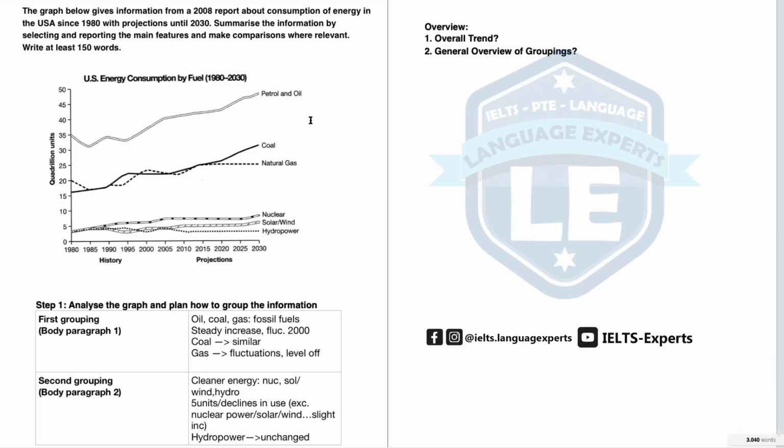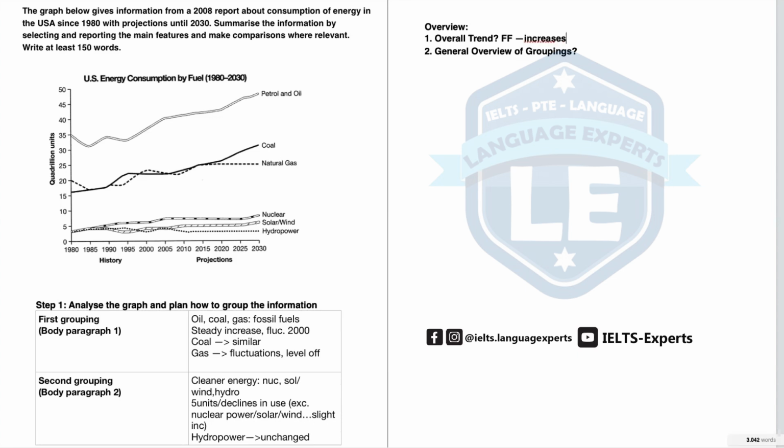If we look at our first group, again, remember that's petrol and oil, coal and natural gas. They have all shown general increases since the start of the period because you see they started here at either right about 15, 20, or 35, and they have continued to grow. So I'm going to say here for fossil fuels, FF, again, remember, use your abbreviations if you can to save time.